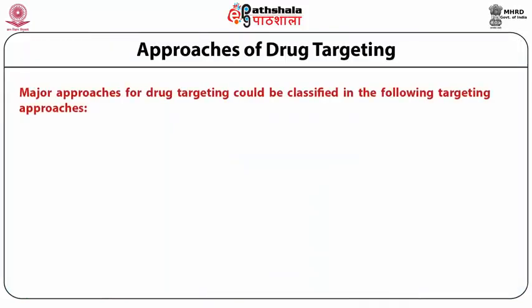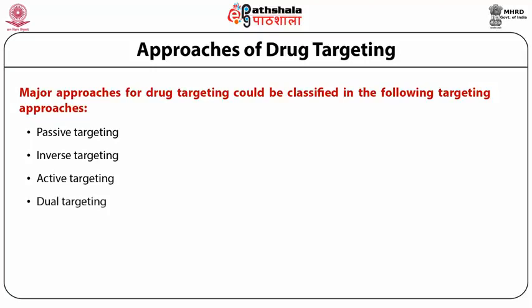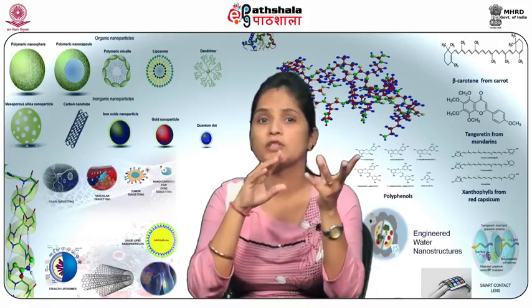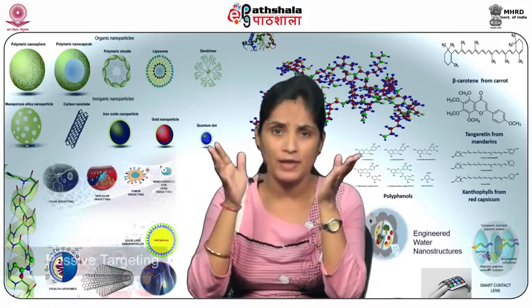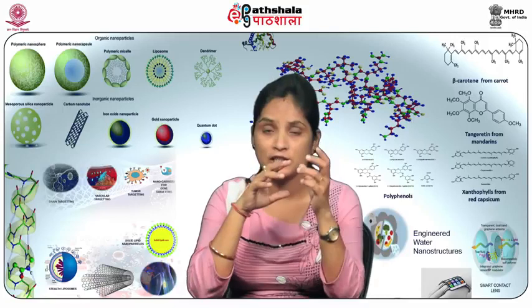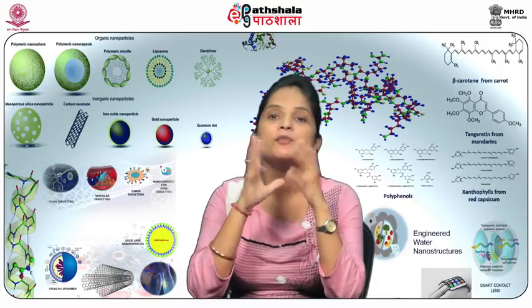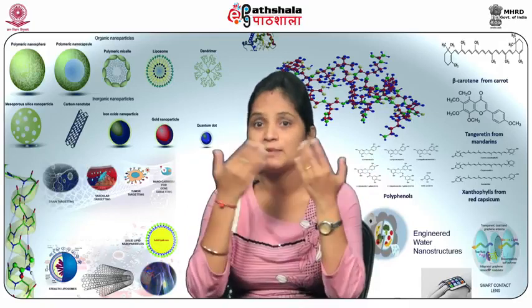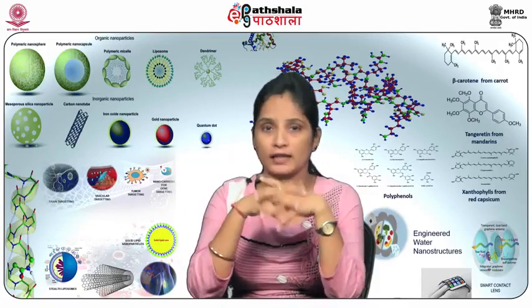Now, approaches of drug targeting include passive targeting, inverse targeting, active, dual, double and combination targeting. We'll discuss these in detail in the next slides. The first approach is passive targeting, and it is achieved by incorporating the therapeutic agent into a macromolecular or nanoparticulate carrier that passively reaches the target organ.